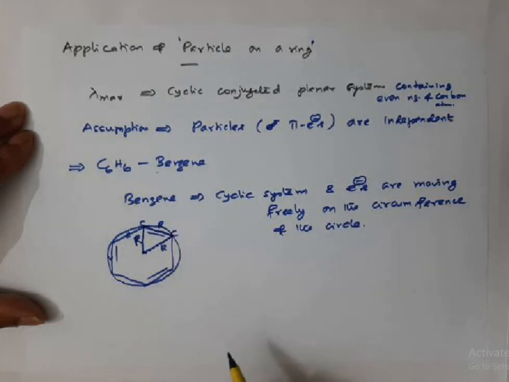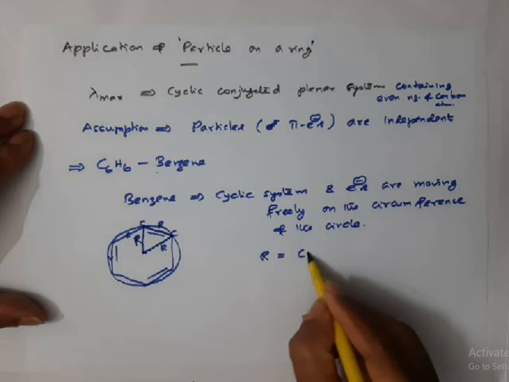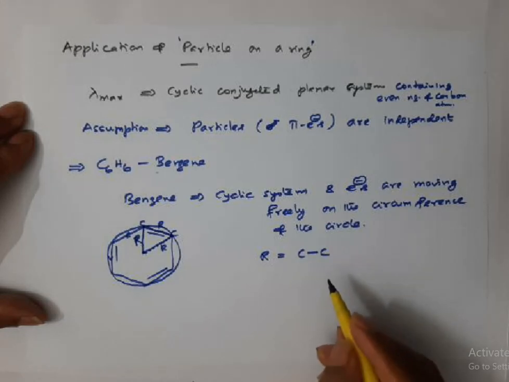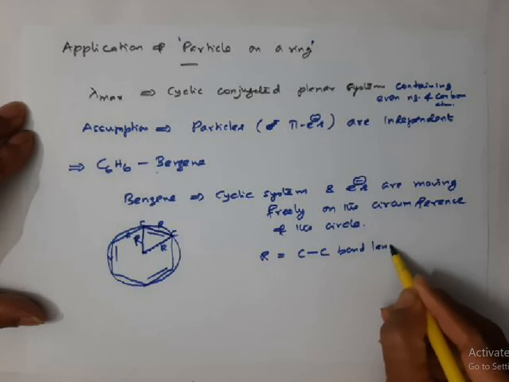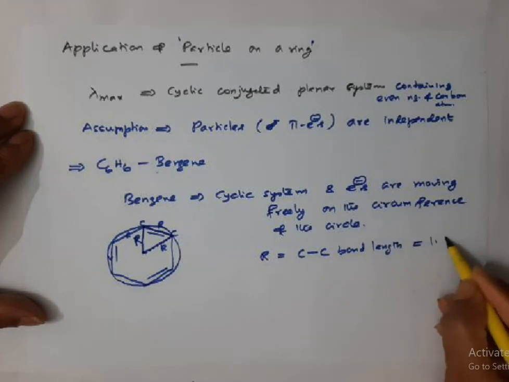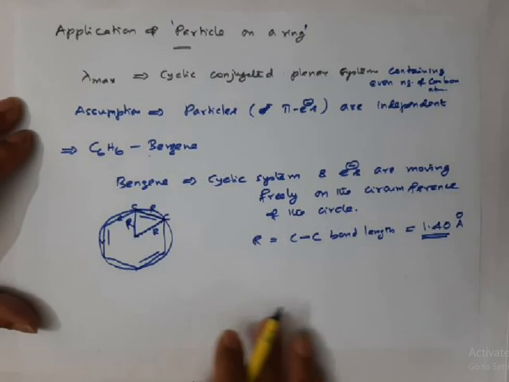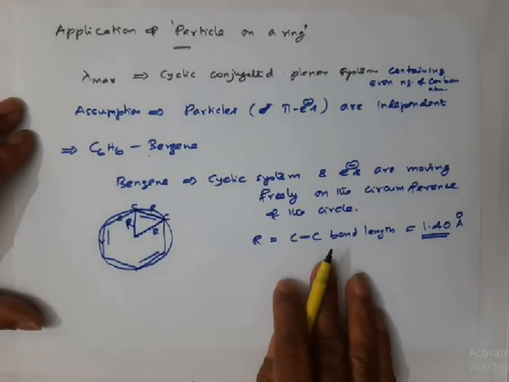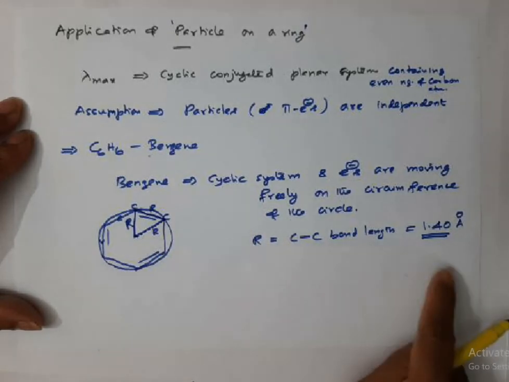So the radius here is equal to the carbon-carbon bond length in the benzene molecule, which is equal to 1.40 angstrom units. This carbon-carbon bond length we know. So now the radius of the circle is 1.40 angstrom.